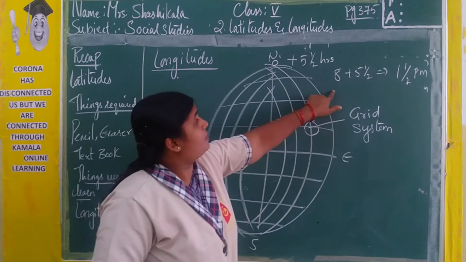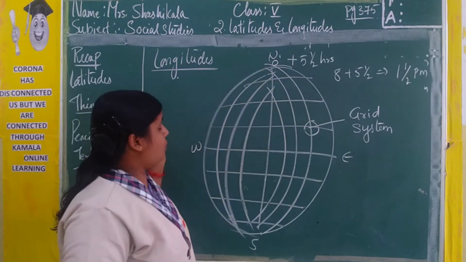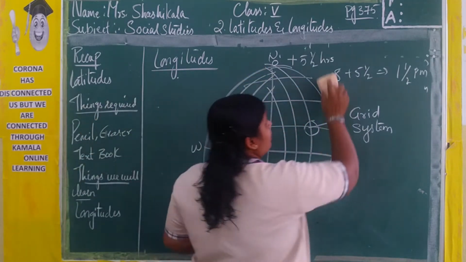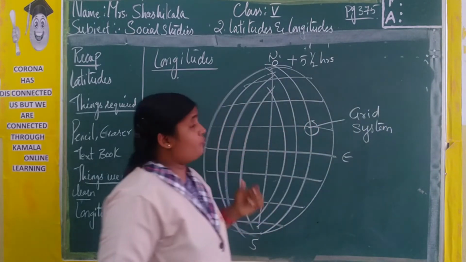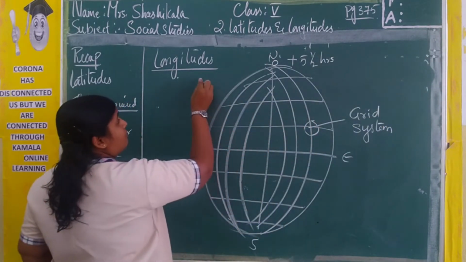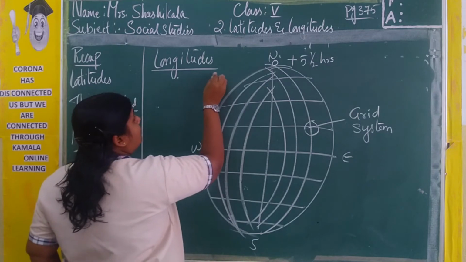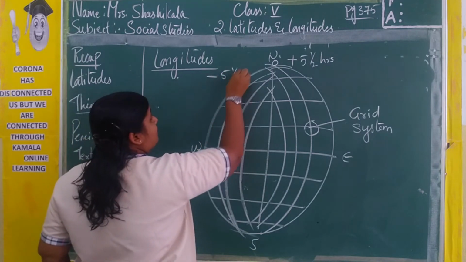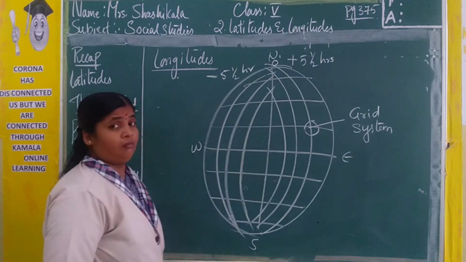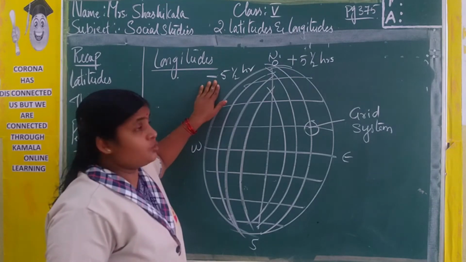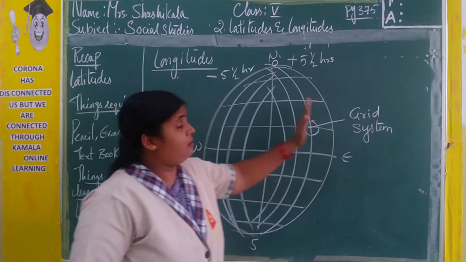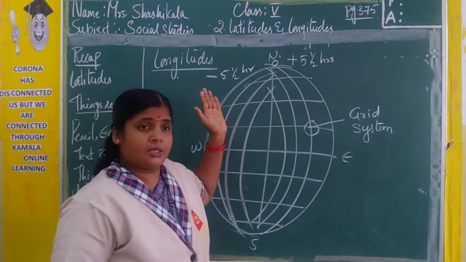In the same way, when we are going towards the west direction, we can observe minus timings, minus 5.5 hours we can take. So here the time is increasing and here the time is decreasing.